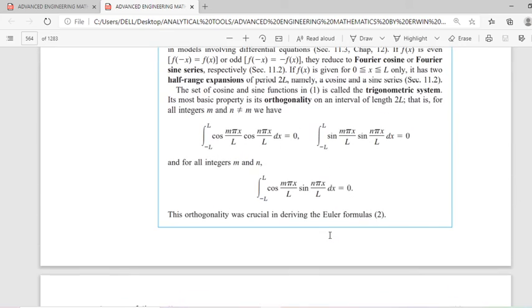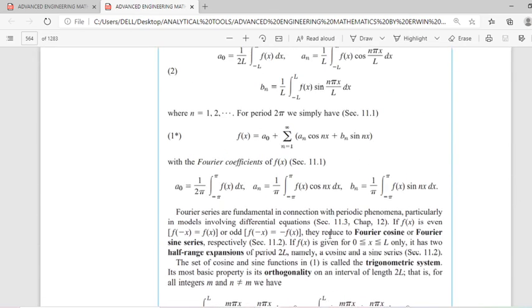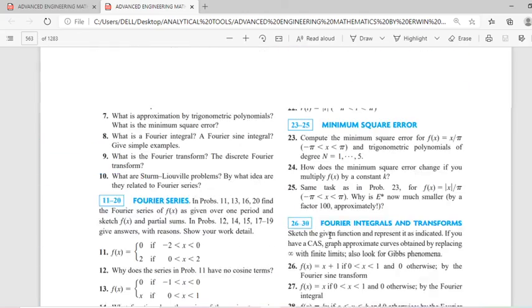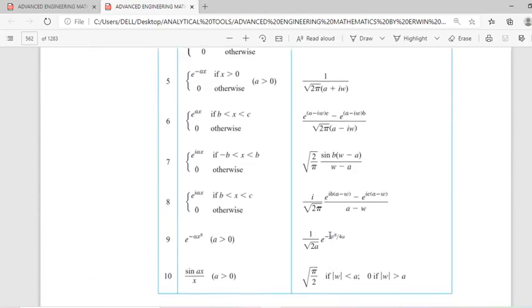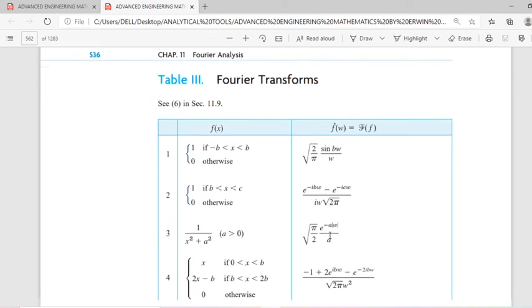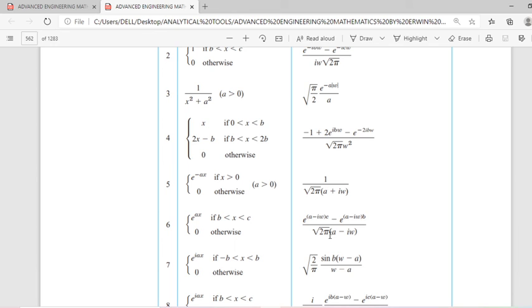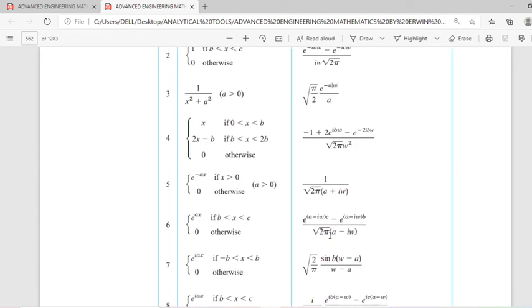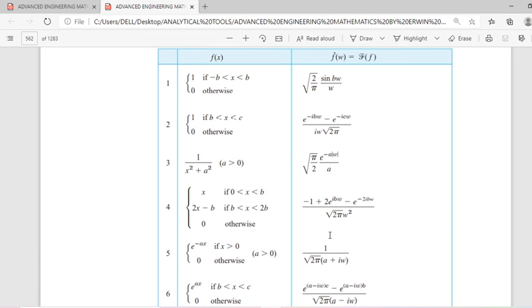And moreover, you can write these equations as given in these tables in your notebook, so that you can remember at least the expressions. Okay.